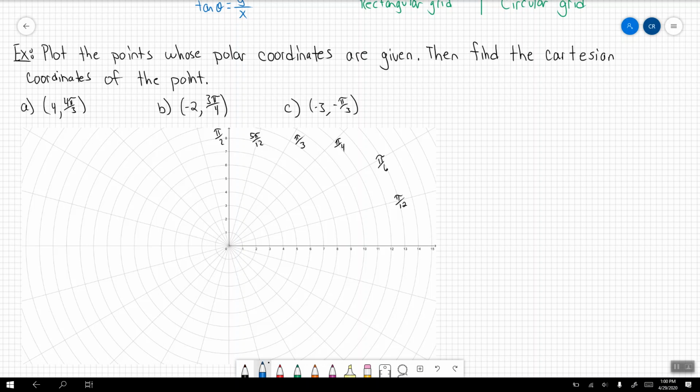Now I'm going to identify my point here. My first point is (4, 4 pi thirds). So I'm going to go over to a radius of 4, so radius 1, 2, 3, 4, and then I'm going to go to 4 pi thirds.